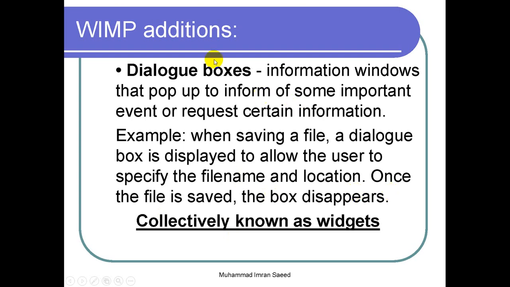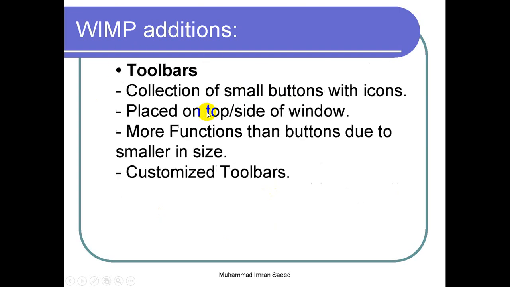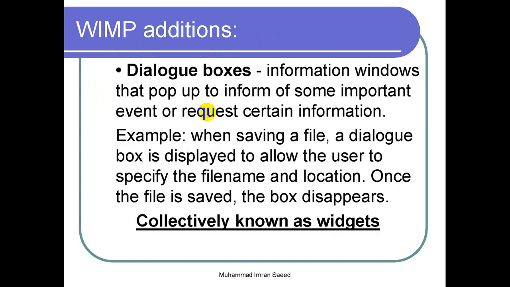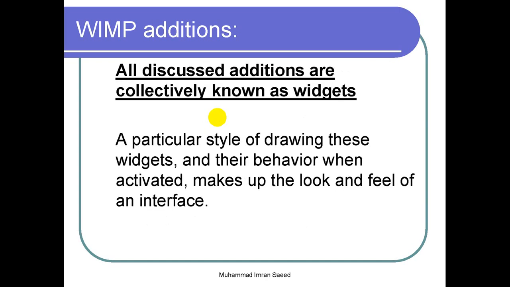So now all these controls, the buttons, toolbars, palettes, all these additions are known as widgets, right? So we are using these controls, and these controls collectively are known as widgets. These widgets can be used to make the look and feel of our system.